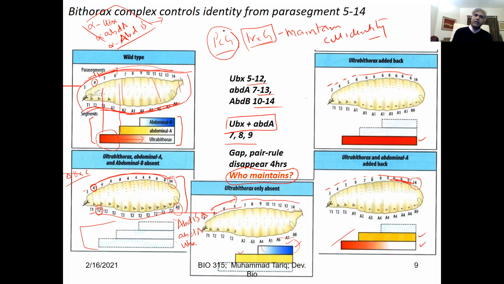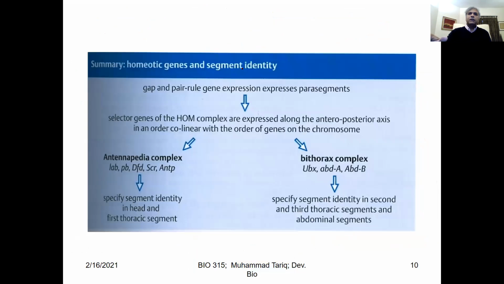It will be maintained in the off state by polycomb group, and then through mitosis, each successive cell division, these expression patterns are maintained. They are faithfully inherited to future progenitors of mitosis, and the cell identities are maintained. So this is what we have covered.